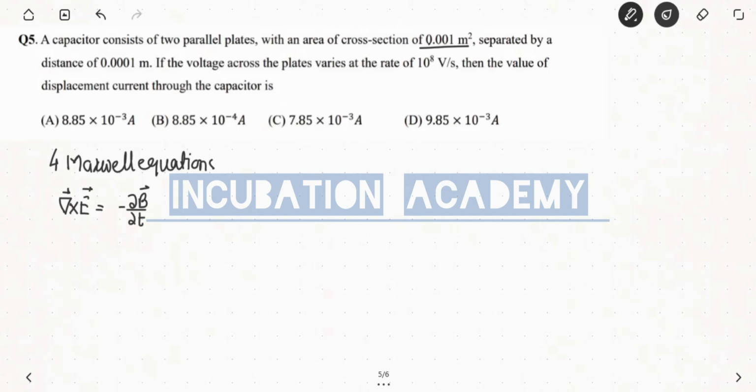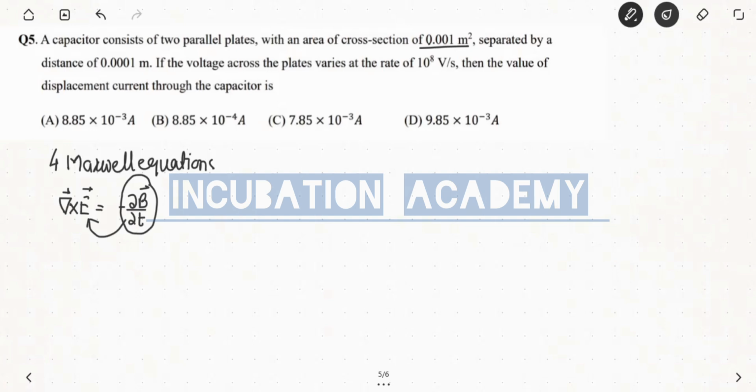Here it says that a changing magnetic field results in an electric field. Electric field and magnetic field are not independent phenomena, they are dependent phenomena. A changing magnetic field creates an electric field. So obviously, by the natural law of symmetry, a changing electric field should create a magnetic field.